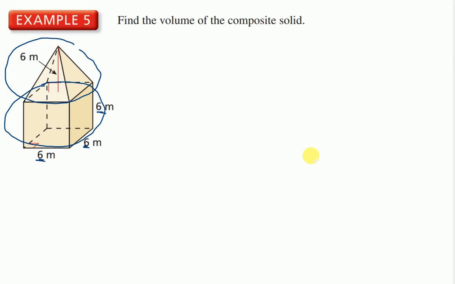The volume of the entire shape is 1/3 base of the pyramid times the height of the pyramid, plus base of the cube times the height of the cube.